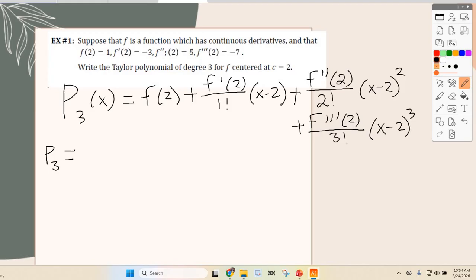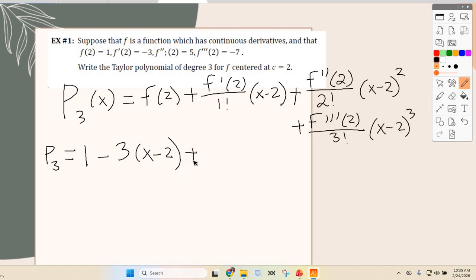But what is f of 2? 1. And then f prime of 2 is negative 3. And then 1 factorial is just going to be 1. So technically I just have minus 3 times x minus 2.